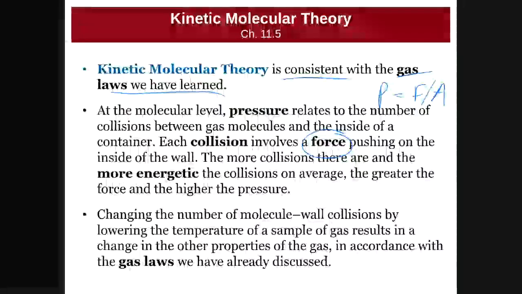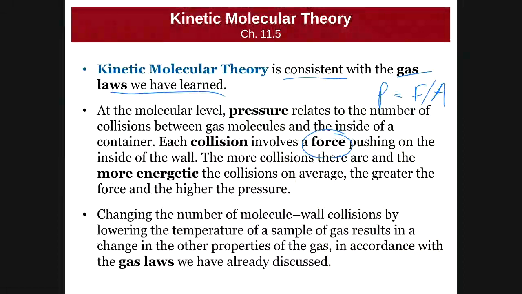The more collisions there are, and the more energetic the collisions are on average, so the higher the kinetic energy of those molecules when they hit the wall, the greater the force and the higher the pressure. So that kind of makes sense, right?